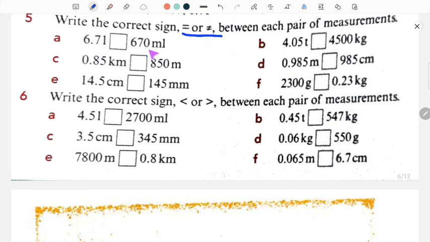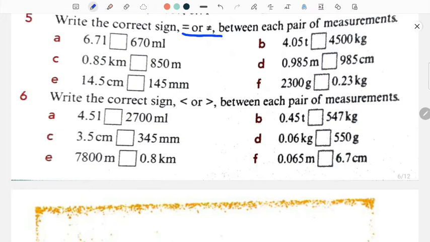When we are comparing two measurements, the measurements must be in the same units. So here the first measurement is in liter and the second one is in milliliter. So change liter to milliliter or milliliter to liter.